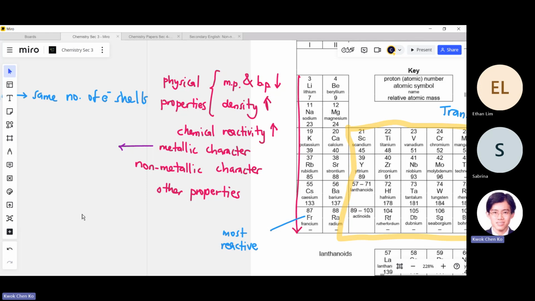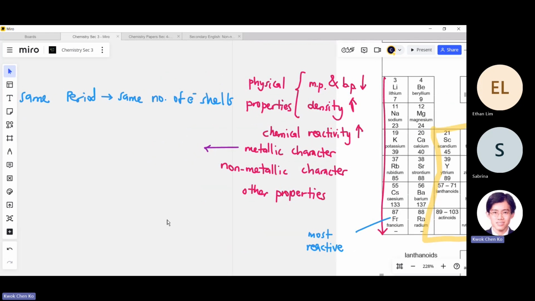The number of valence electrons. Okay, I mean, it's linked to that, but let's be a bit direct. Basically, this is the direct definition of metallic character: its tendency to lose electrons.